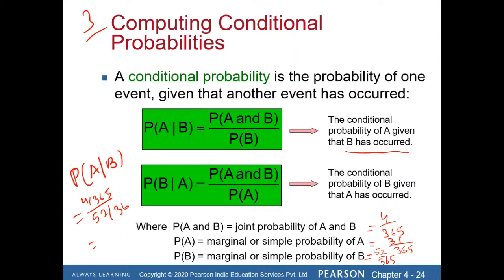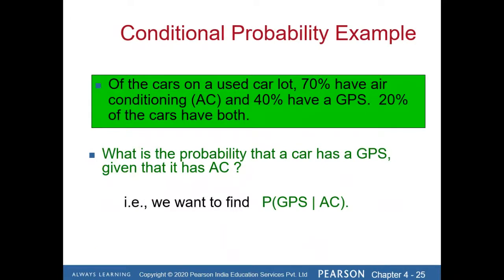Conditional probability is the probability of one event given that another event has occurred. You will understand what conditional probability is in a better way with the help of this example of a car. Of the cars on a used car lot, 70% have air conditioning.